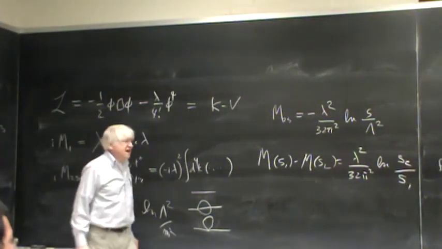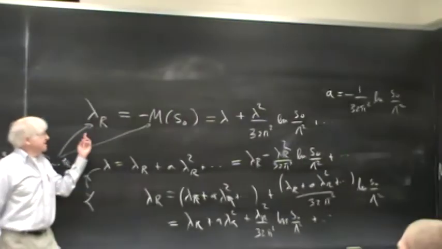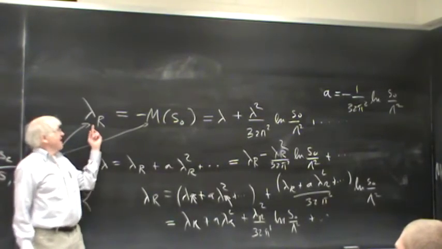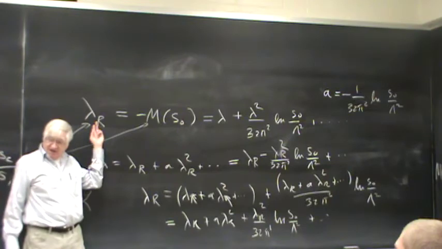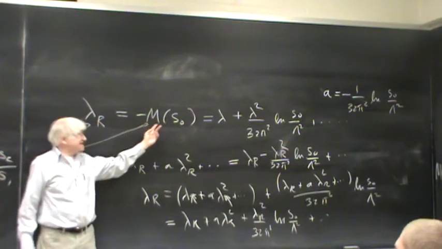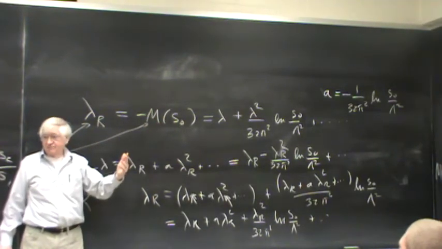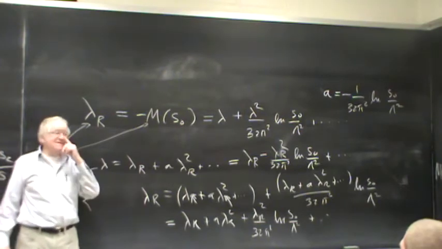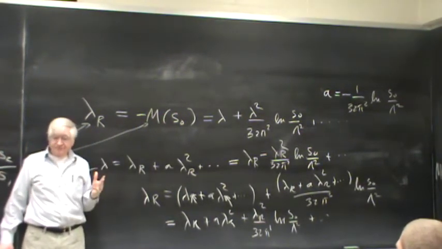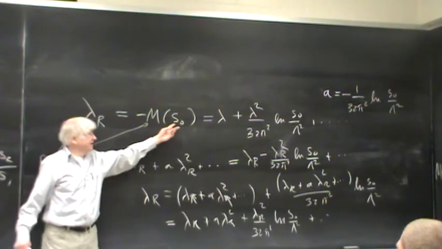Okay. Great question, because the idea here is that we're going to define the renormalized coupling constant, the finite one, as minus the physical amplitude at some energy scale. And what does that mean? That means that once we've written the theory in terms of lambda r, the tree level approximation is exact at s0.